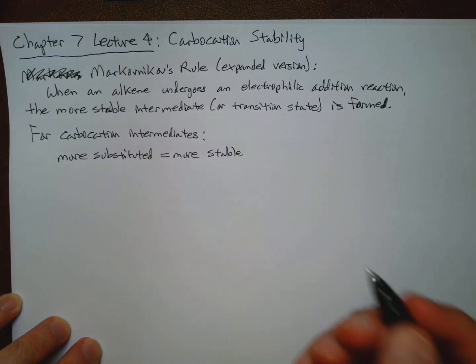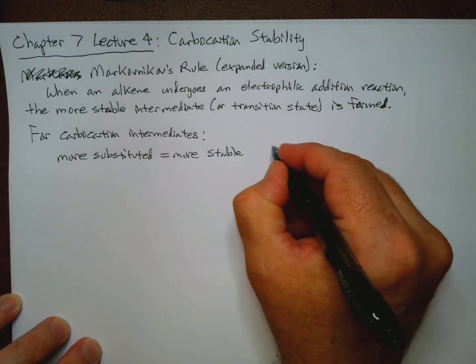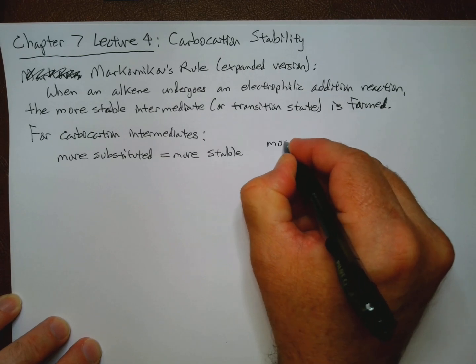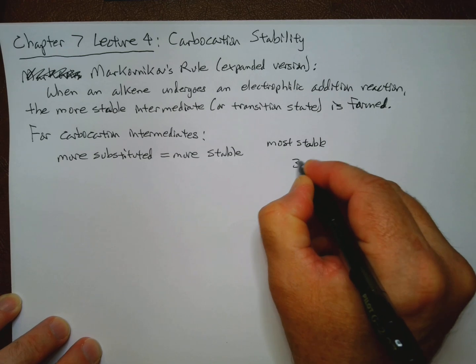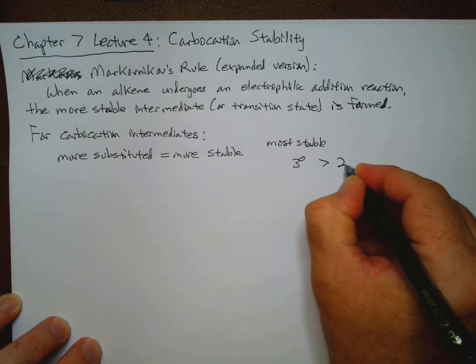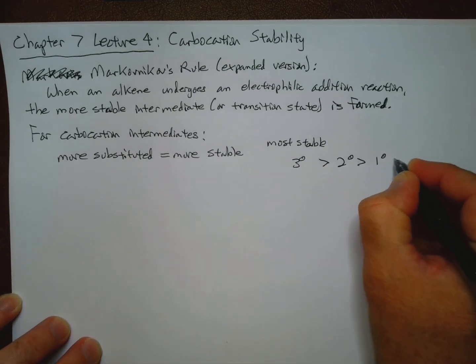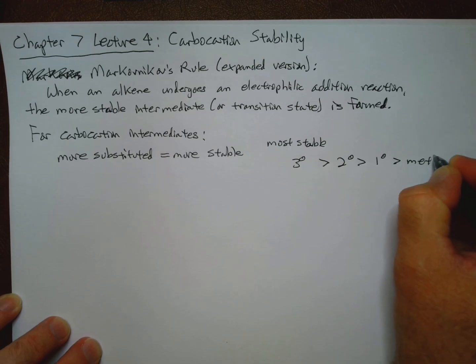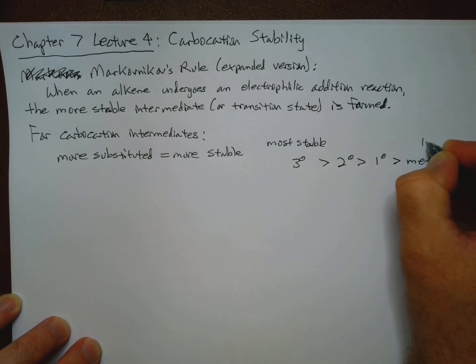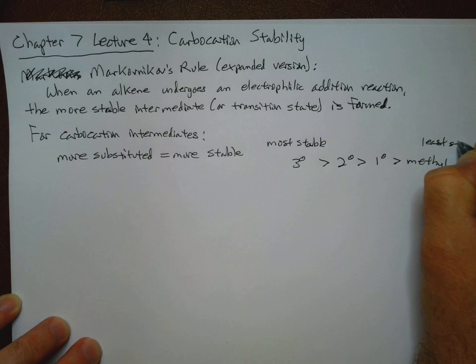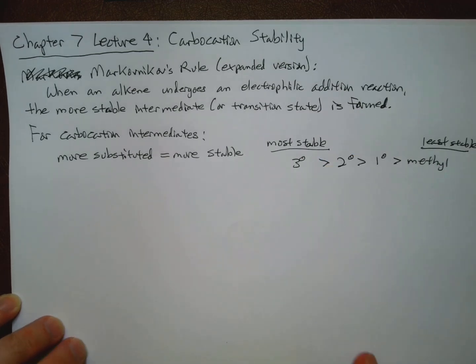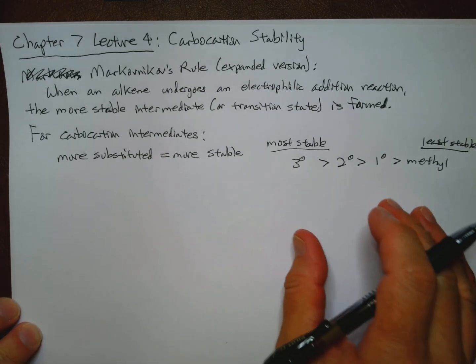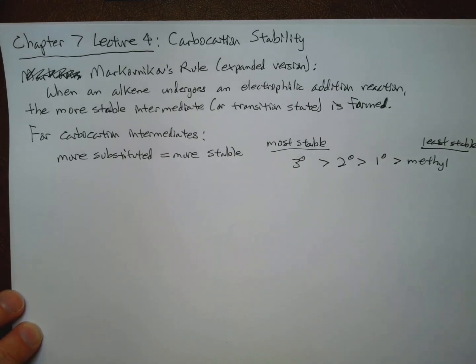So our most stable would be tertiary, which is greater than secondary, which is greater than primary, which is greater than methyl. That's our least stable, and tertiary is the most stable. The stability of these is due to what is called hyperconjugation.